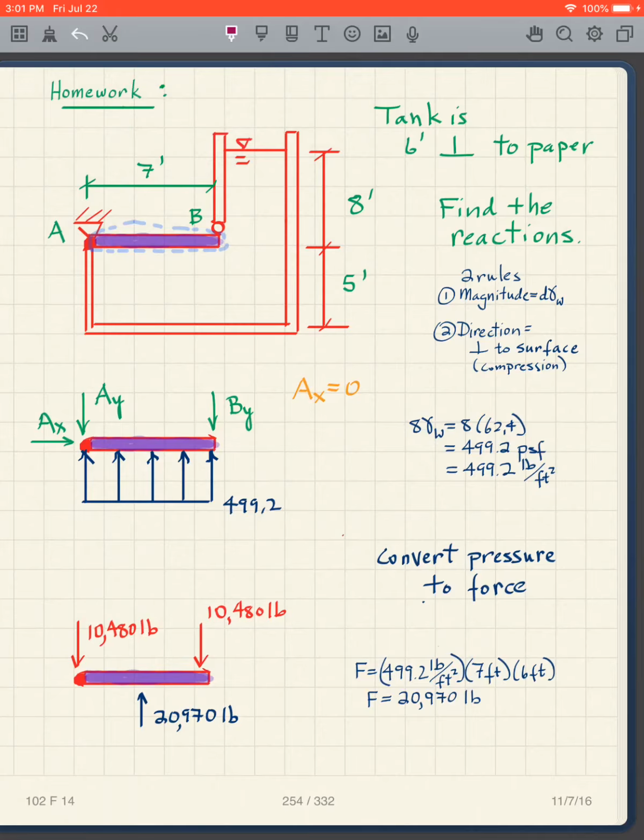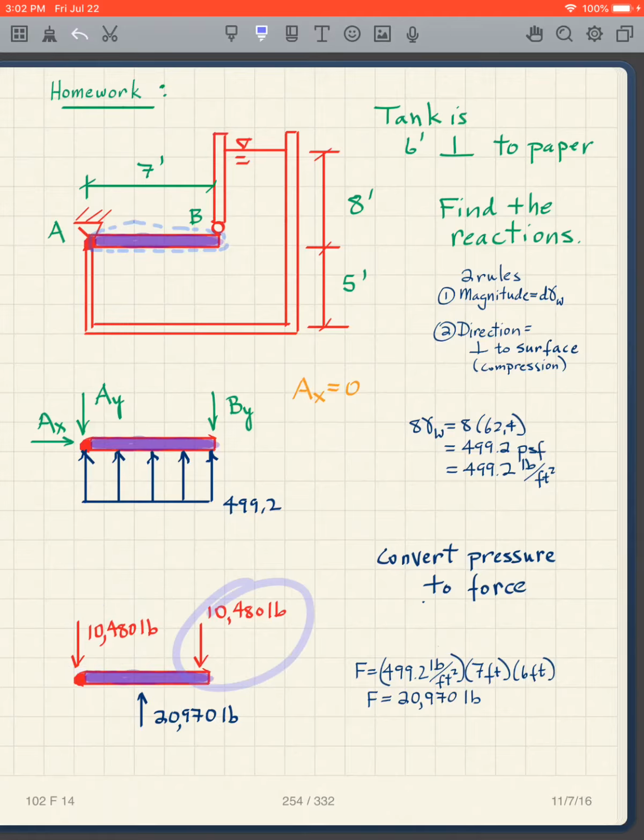Okay, so, oops. Where does this act? Well, it's a rectangle. So that means it acts at the center. And once I have that, then I can take the sum of the moments about the 2 points, and I can get the forces.